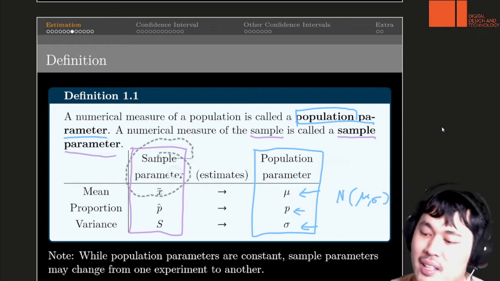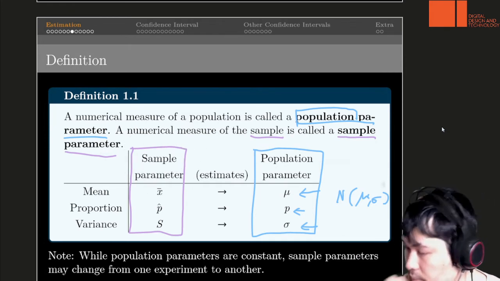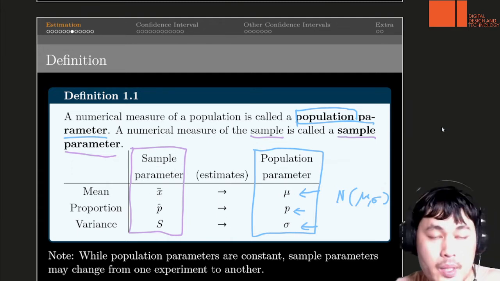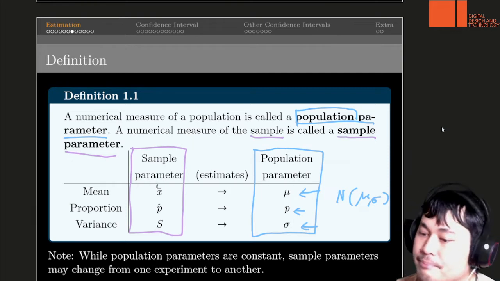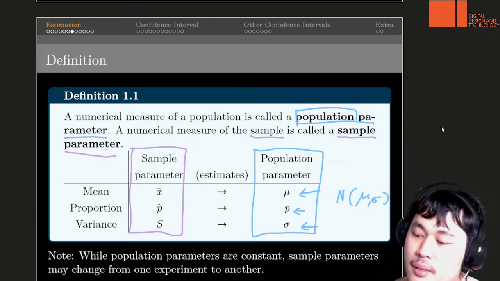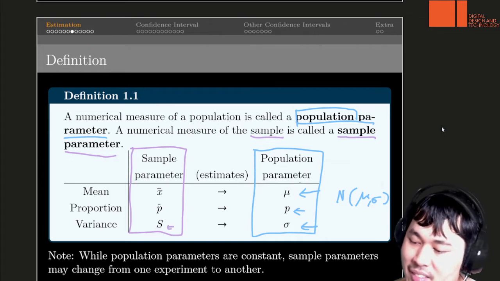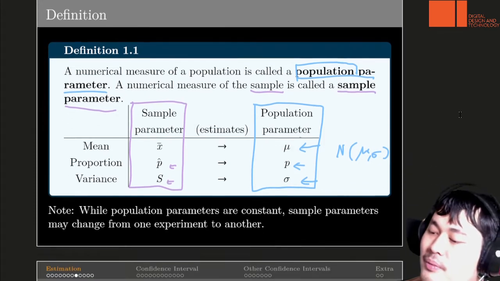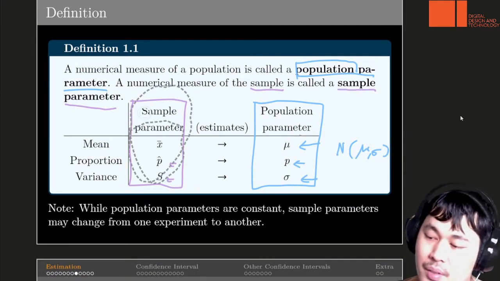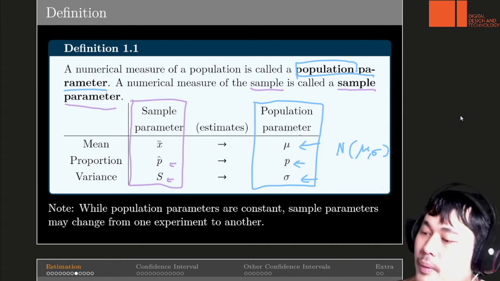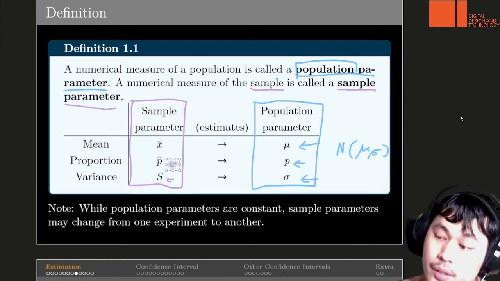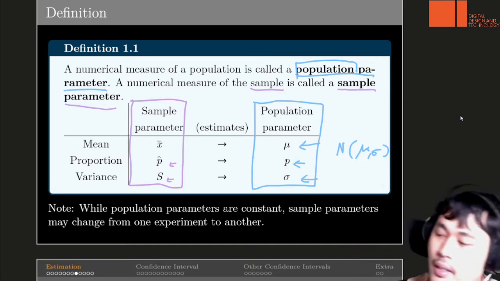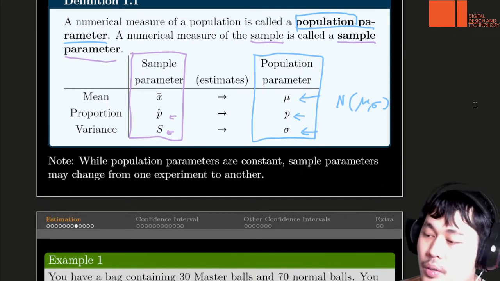I will try to identify whether it's a sample parameter or a population parameter. So we have x bar for the mean, then S for the variance, and p hat, the hat, for the proportion or the ratio. And what we get from the sample, we are going to use to estimate the actual value behind the scene, the actual value that we didn't know or couldn't find out.